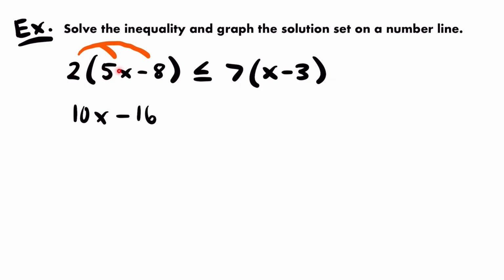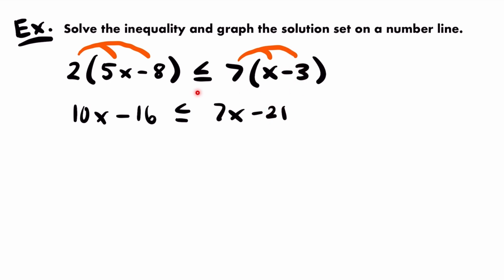So 2 times 5x is 10x, and then 2 times negative 8 is negative 16. And so those two terms will be less than or equal to 7 distributed through this quantity. So you want to multiply 7 by x and 7 by negative 3. And so if you do that, you will get 7x minus 21, right? 7 times x is just 7x. 7 times that coefficient of 1 is just 7. But then you keep that same variable part of x. And then 7 times negative 3 is negative 21.